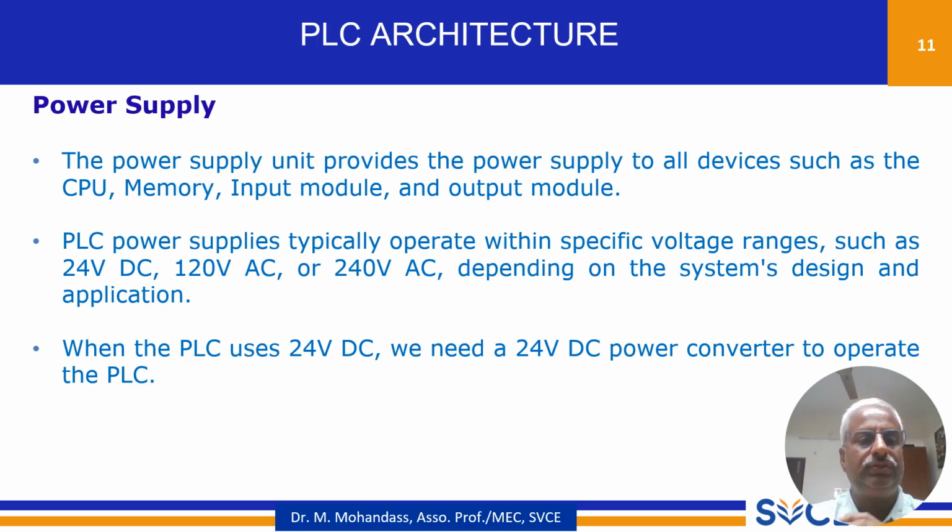The power supply unit of PLC provides the power, or otherwise we can say it provides the energy, to various components of PLC. Depending upon the applications, design, and need of PLC, PLCs with different power modules are available, like 24 volt DC supply, 120 volt AC, 240 volt AC.